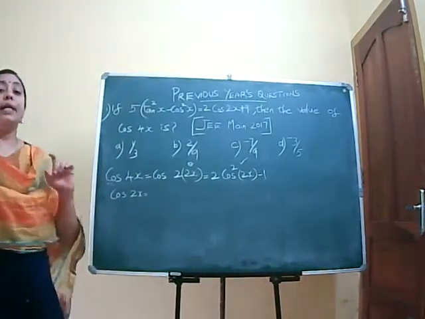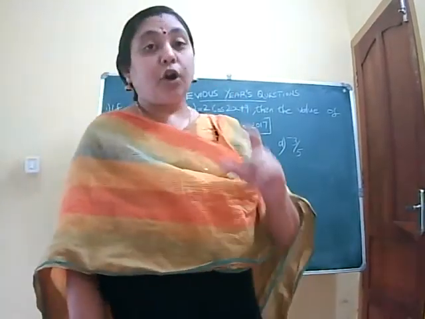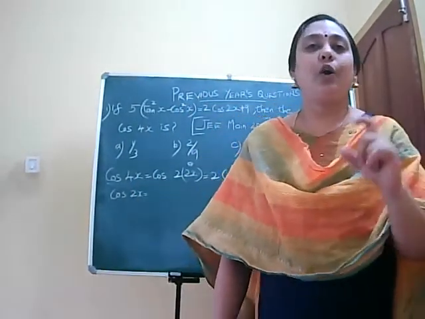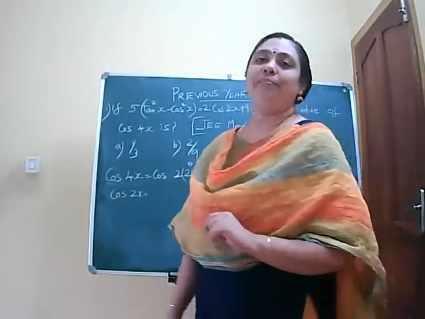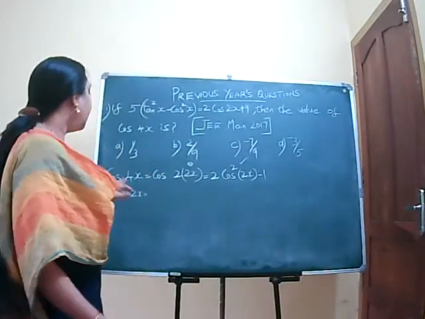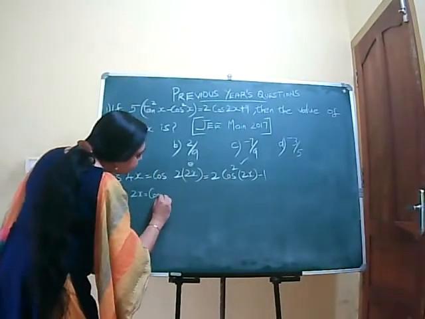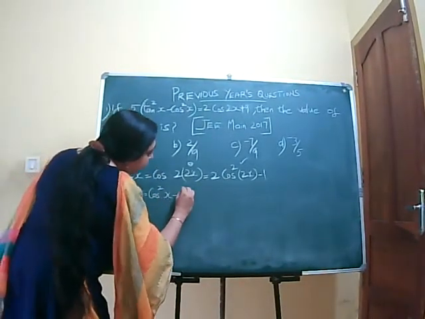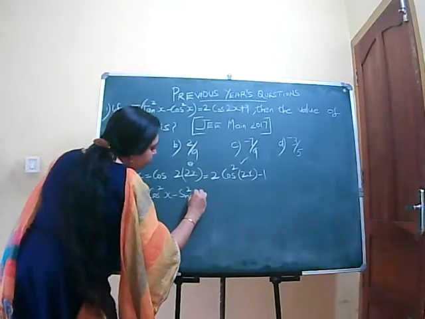We know that there are basic 4 formulas for cos 2x. Can you say them? They are cos square x minus sin square x.